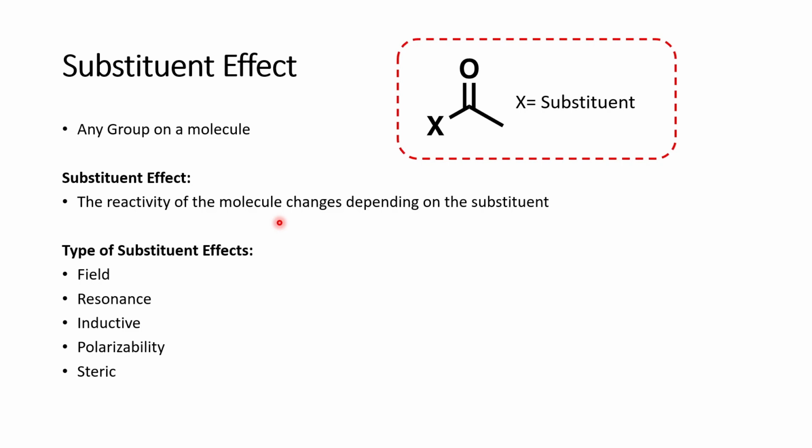Depending on the substituents in the reactants or solvent, it can influence steric congestion or solvation, leaving group ability, or the nucleophilicity of the molecule, or basically it can affect acidity, basicity, or a variety of other chemical attributes. When it comes to the types of substituent effects, there are basically 5 types: field, resonance, inductive, polarizability, and steric.